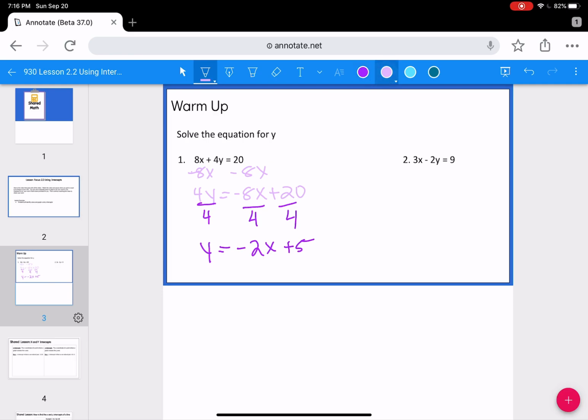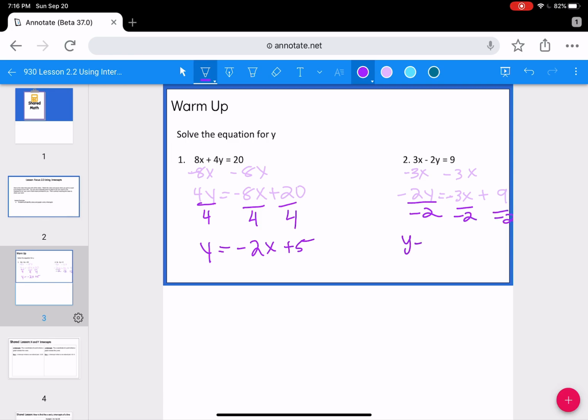We're going to do those same steps here to solve for y in the second problem. We have 3x minus 2y is equal to 9. So I'm going to subtract 3x to the other side. We get negative 2y is equal to negative 3x plus 9. Then we are going to divide by negative 2.